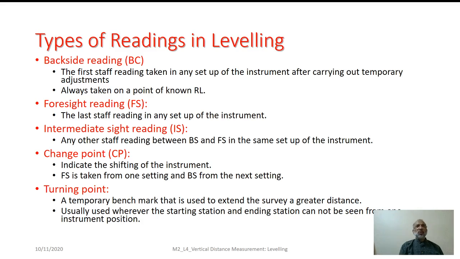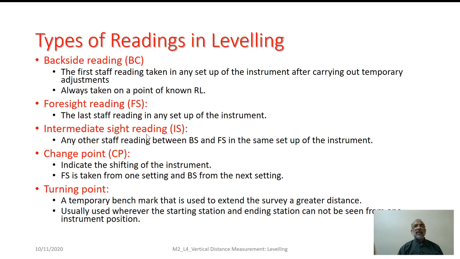So in order to do so, we take the reading on some last station or convenient point for the temporary closure, and such reading is called as foresight reading. In between backsight reading and foresight reading, the kind of readings that we take are called as intermediate sight readings.